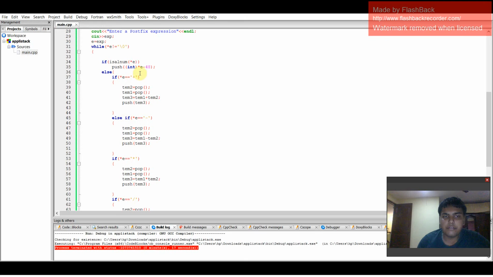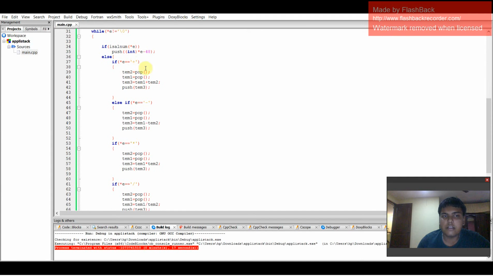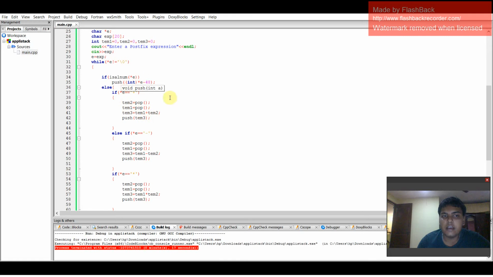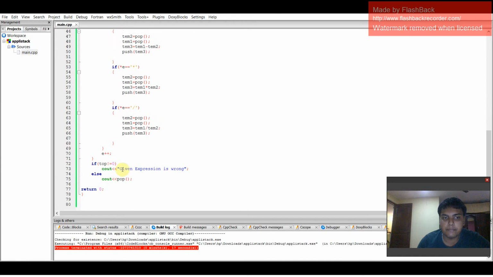So here, for that I've given the logic when it should pop. If it is a number, automatically it will be pushed. If it is an operator, because the operands are waiting for the operator, on the arrival of the operator the operands will start to pop out and do the calculation. That is my logic explained in the PPT.